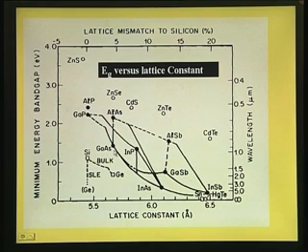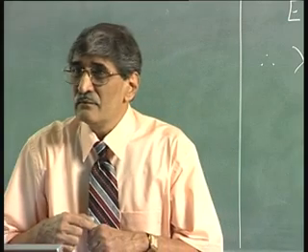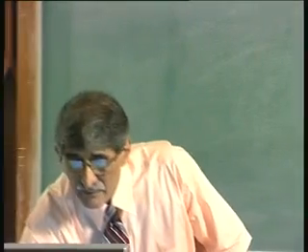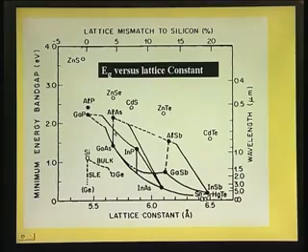Similarly, here you can see gallium arsenide. Its lattice constant is practically the same as that of aluminum arsenide. We can mix gallium arsenide with aluminum arsenide. Aluminum arsenide is indirect band gap. So, if I mix that, when you go up increasing aluminum content, it changes from direct to indirect.